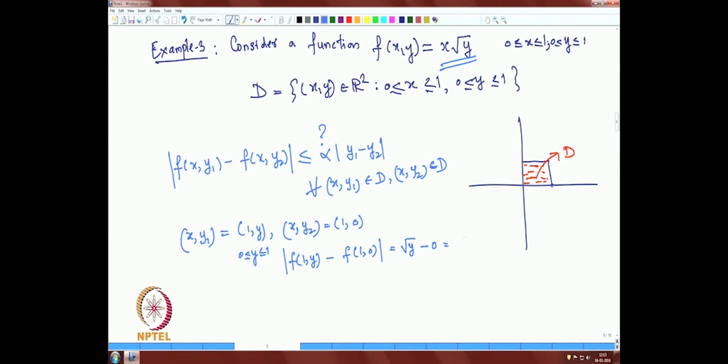So this is equal to square root of y, and y is positive. So I write this as 1 by square root of y times (y minus 0).